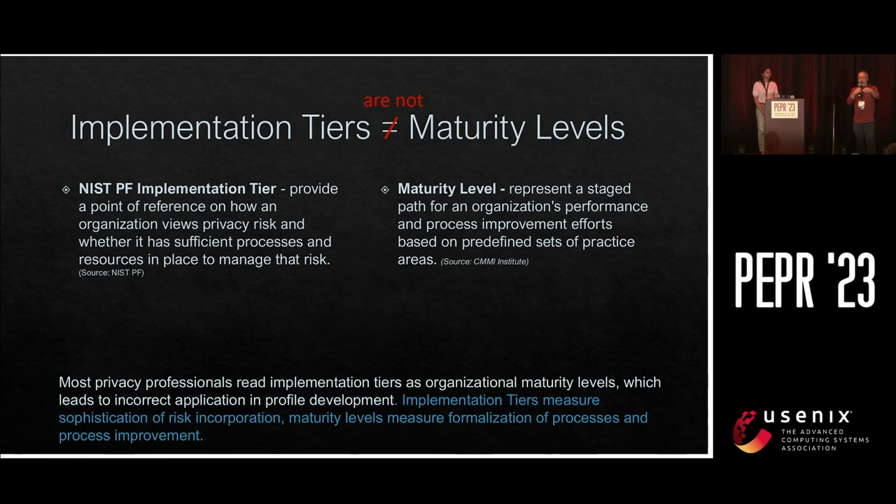Or maybe you have a formal risk process where you're actually systematically identifying risk, or maybe you're being ultimately adaptive, where you're taking those risks and reincorporating and changing your business based on that. You can have a very low sophistication and understanding of risk, but have very mature processes. Your target is wrong. Or you can have a really sophisticated understanding of risk, but you're doing it in a completely ad hoc manner that isn't good from a process perspective.